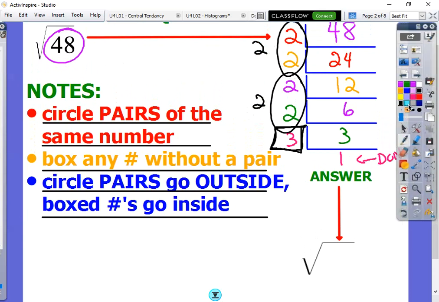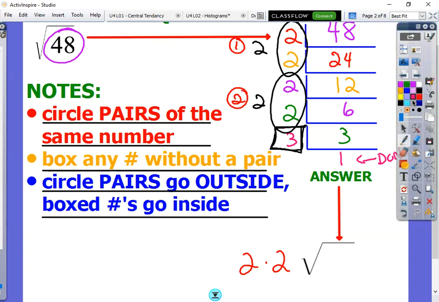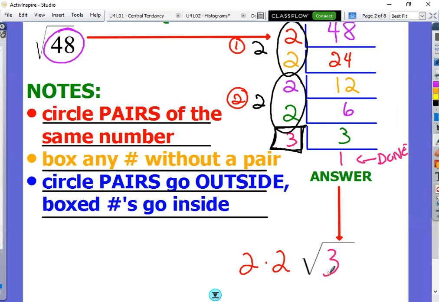So what's going on the outside is 2 pairs of 2s. Okay? So notice I didn't write 4 2s. I just wrote it twice because I have it 1 time, 2 times. So 2 pairs of 2s. And then the only number that was boxed was our 3, so the 3 goes on the inside.